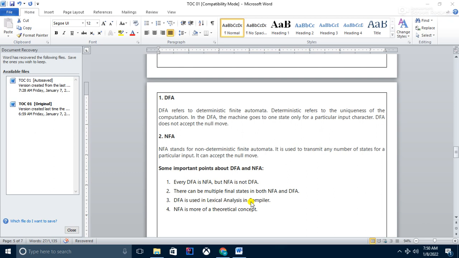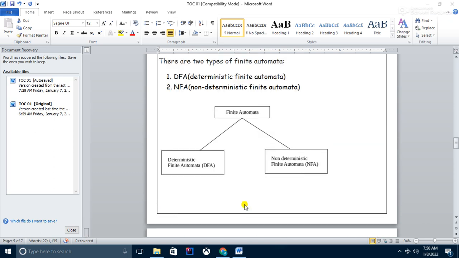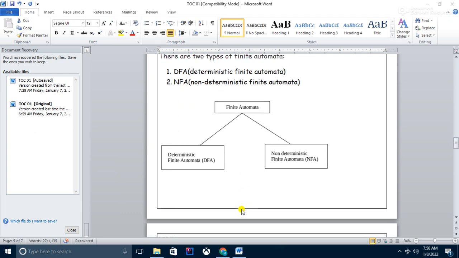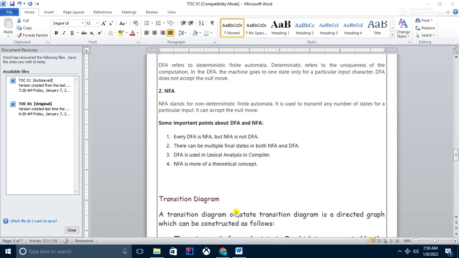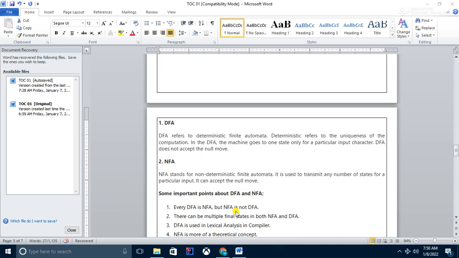In this video we have discussed a few terminologies related to DFA and NFA. In the next video we will discuss how to construct the transition diagram, and based on that transition diagram we will discuss a few examples also.